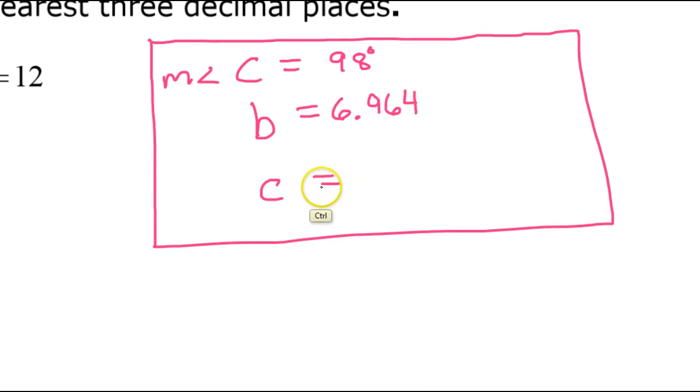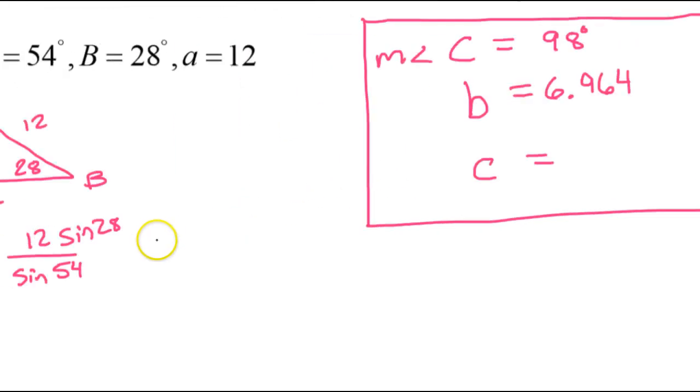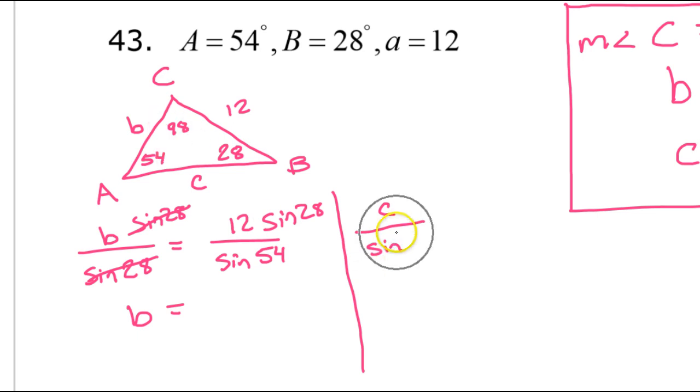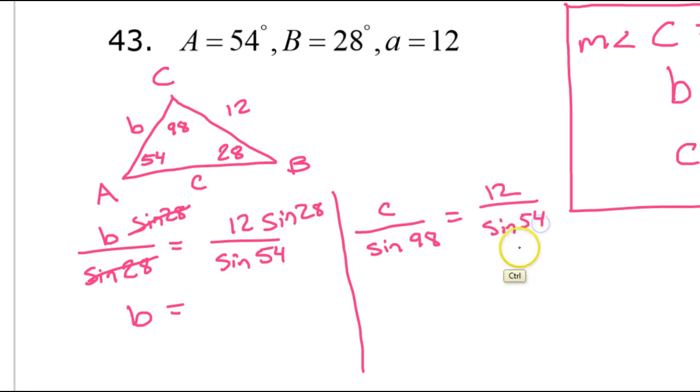All right, now I need to find side C. Okay, so for side C, I'm going to do the exact same thing. I'm going to put C over the sine of C, which is 98, is going to equal A over the sine of A. So that's going to be 12 over the sine of 54.